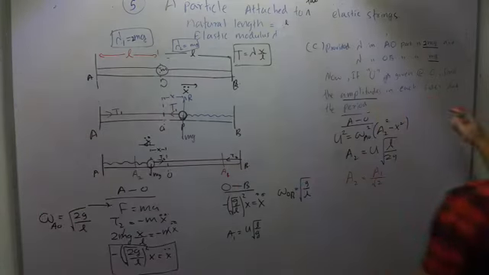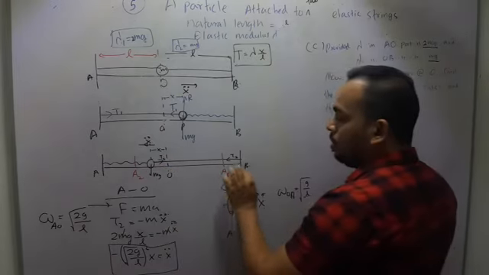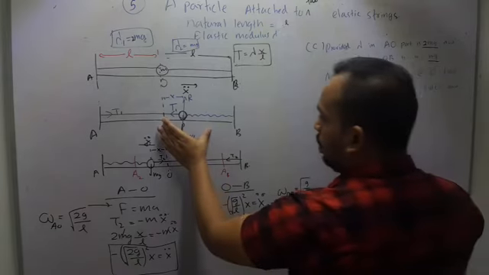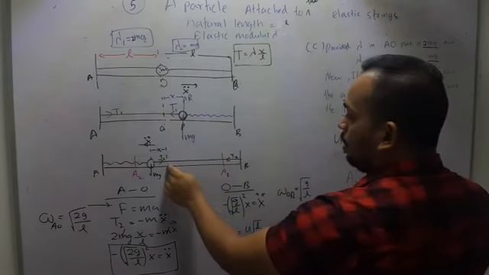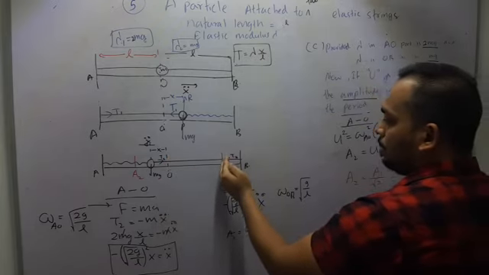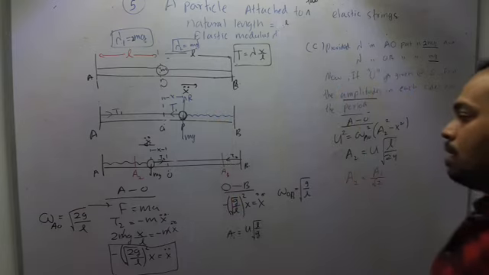Right, then find the period. Period means the time it takes to move a complete cycle. So for this part, it starts from here, moves until A1, then comes back. This is actually half of the cycle.